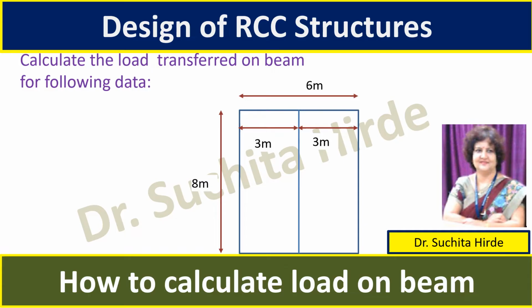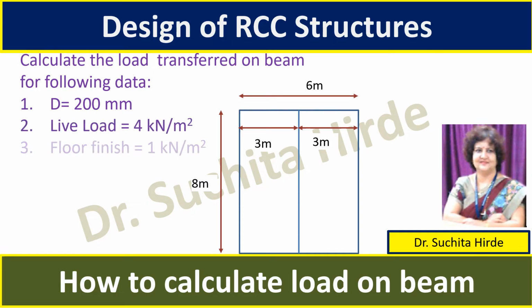So this is nothing but a one-way continuous slab, and the dimension of each panel is 3 meter by 8 meter. The other data considered for calculation of the load on the beam is depth of the slab as 200 mm, live load 4 kN per meter square, floor finish 1 kN per meter square.